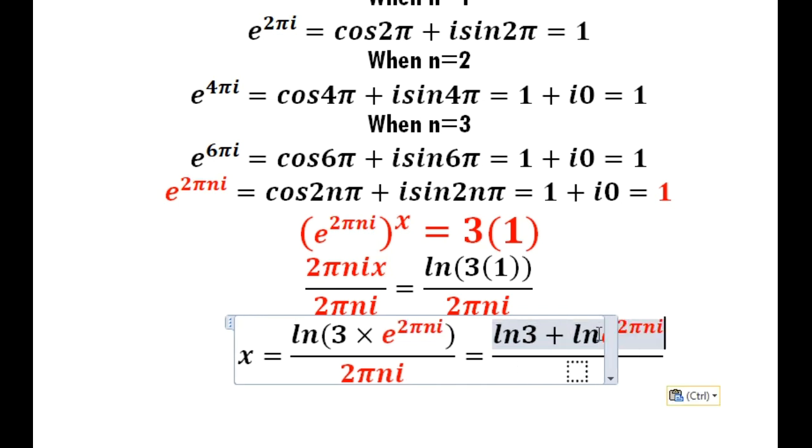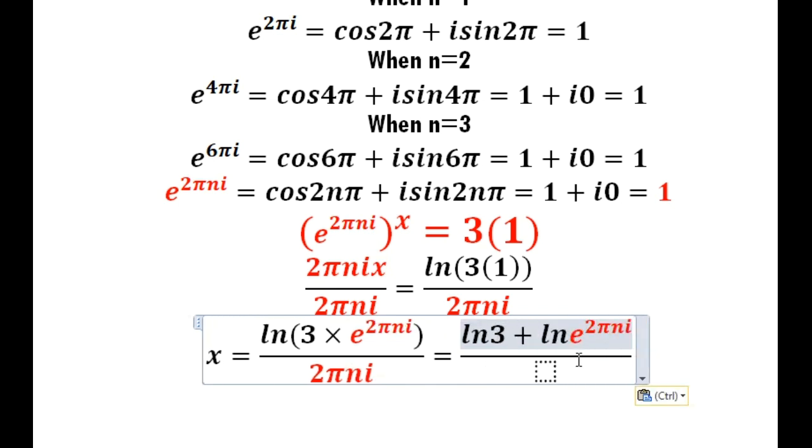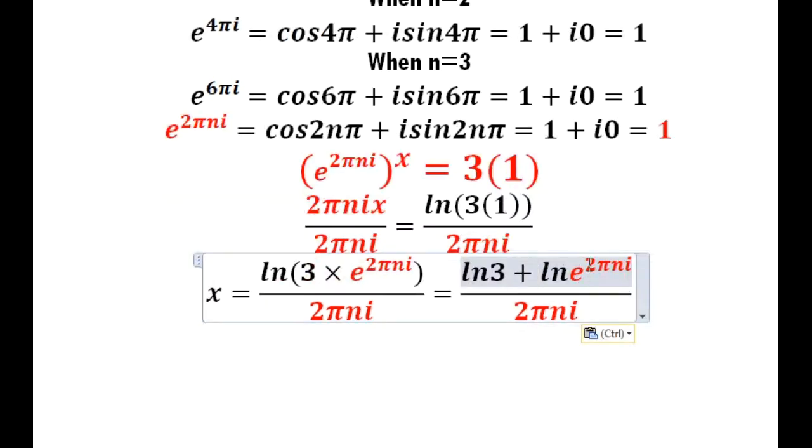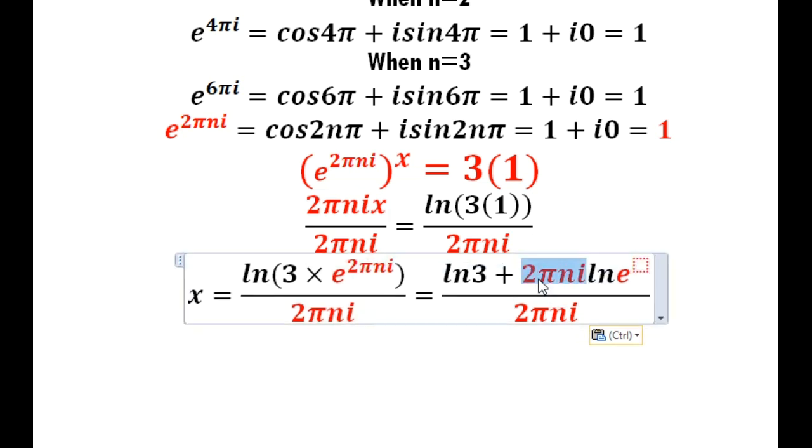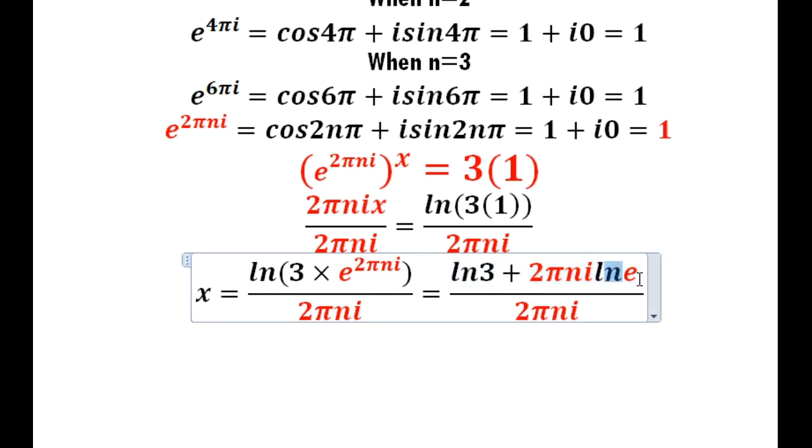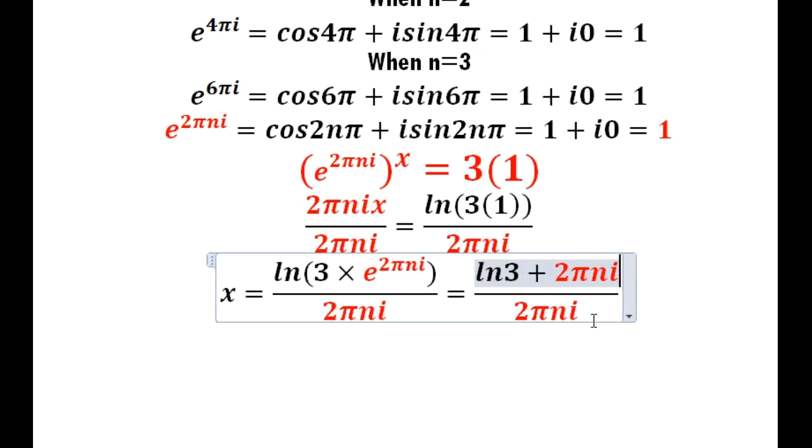To addition: ln of e^(2πni), then it is over 2πni. So in the numerator, ln of the exponential, meaning the power of this exponential function will become the coefficient. So we just remain with ln of e. And you know the natural log of e is 1. So this one will be the general solution, where n is any integer.